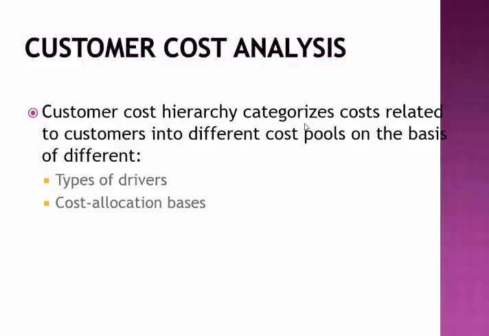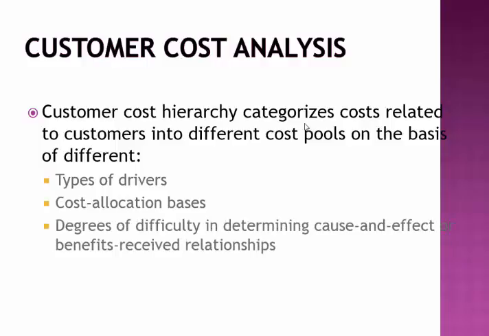We are going to come up with a cost allocation basis, and then we can also consider degrees of difficulty in determining cause and effect or benefits received relationships. Alright, so when it comes to servicing the customers, what kind of cost are we incurring, and then how can we divvy those costs up on a per customer basis?